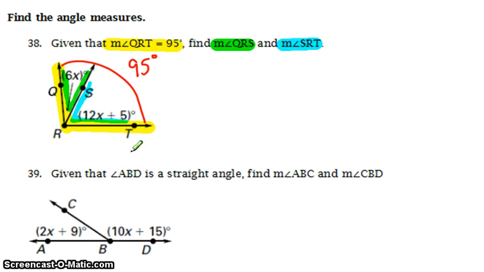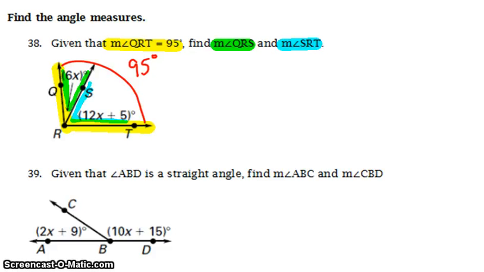Well, they also gave us some information about the parts. They said that QRS is 6x and SRT is 12x plus 5. When you're thinking about parts and whole, if you're given all the parts and the whole in some form or another, whether it's expressions or variables or numbers, always remember that two parts add to equal the whole.